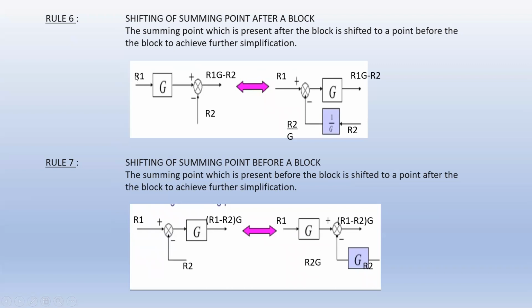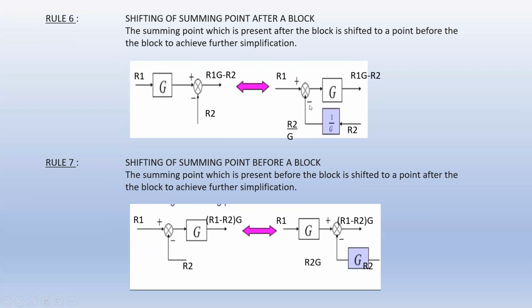How do we do that? Let us see. If we are giving an input R1 over here and R2 is being given as an input to this summing point, we have this signal over here as R1 multiplied by G, and we have minus R2 over here, thereby giving us the output of this signal as R1 into G minus R2.